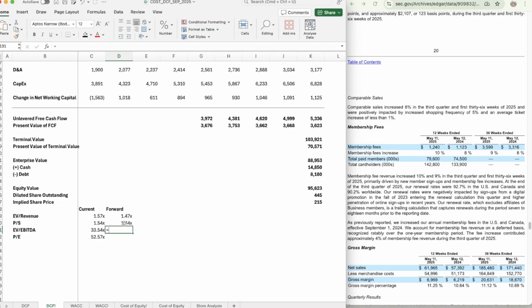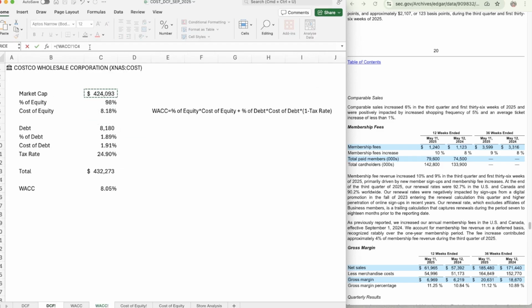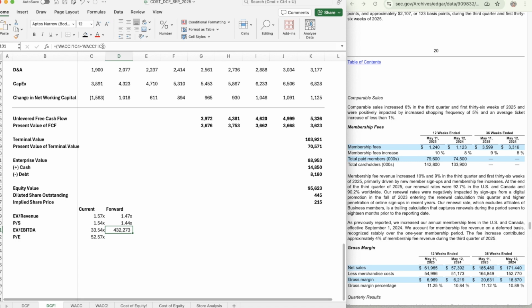EV to EBITDA is going to be the enterprise value. You do market cap plus debt.